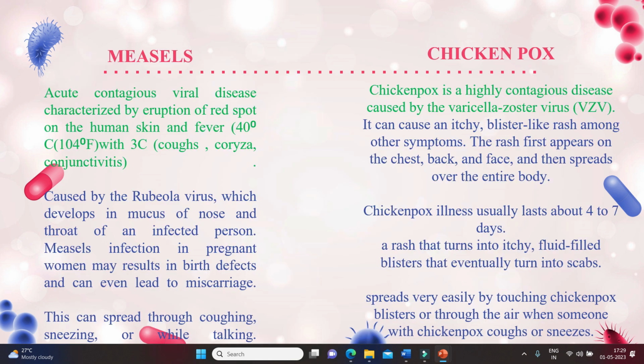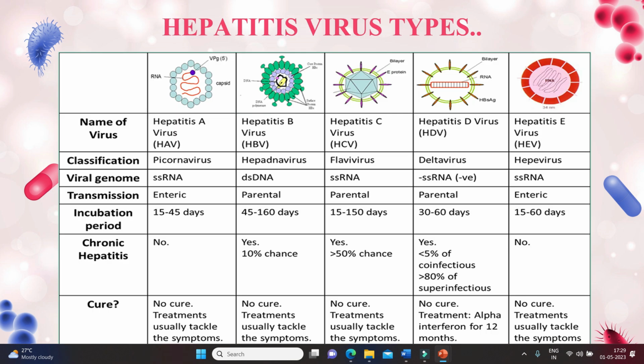Coming to hepatitis B virus, it is a hepadnavirus, transmission of hepatitis B is parenteral, and incubation is 45 to 160 days. There is a 10% chance of getting chronic hepatitis. Hepatitis C is a flavivirus, and hepatitis C and D also spread by the parenteral route.